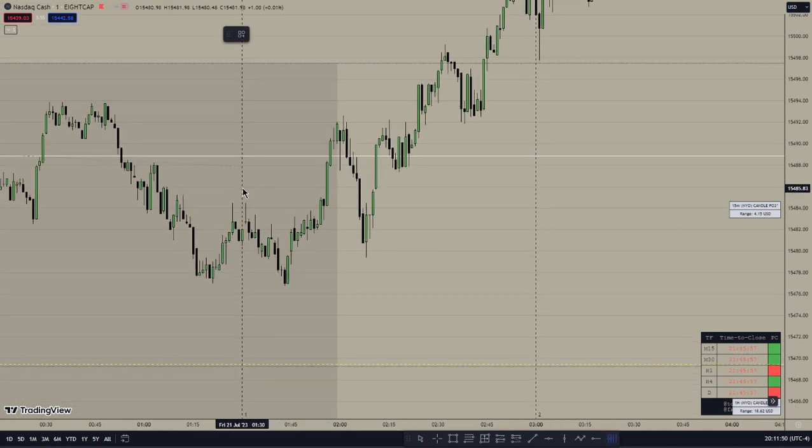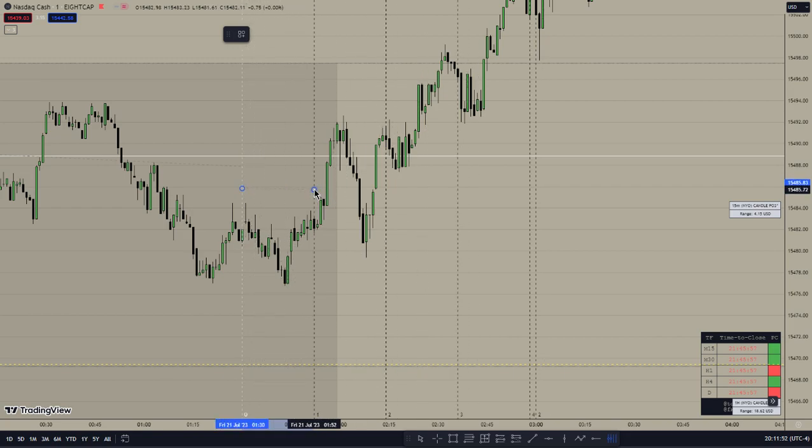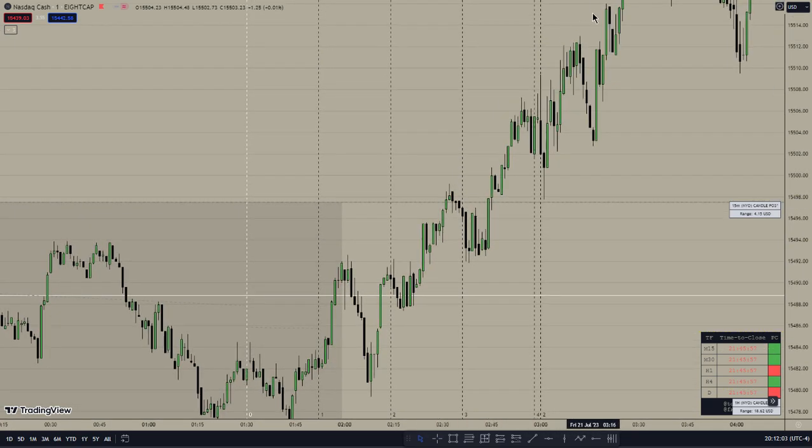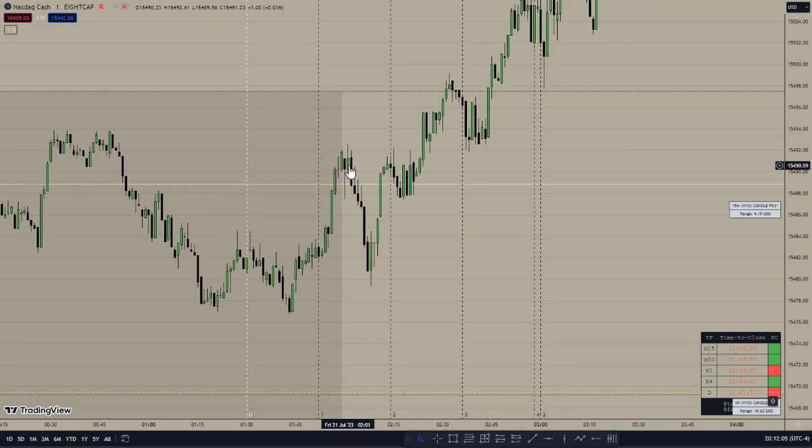So you do this. Bang. You see that? Are you seeing this? Accumulation, manipulation. Because if you want to see price going up, first, you want a displacement lower. You want to buy when the price is going down.